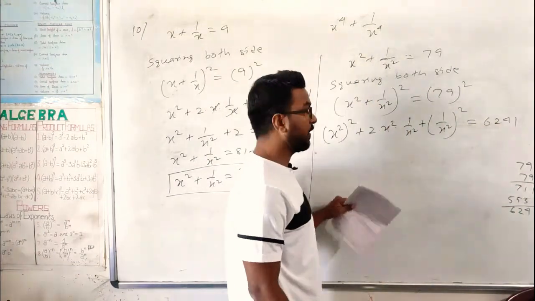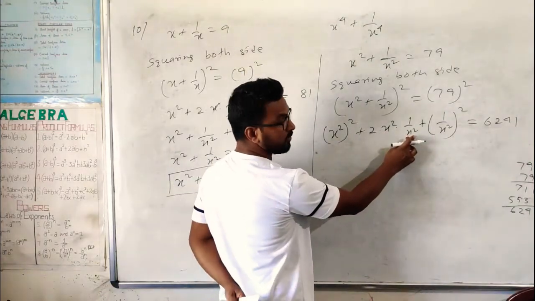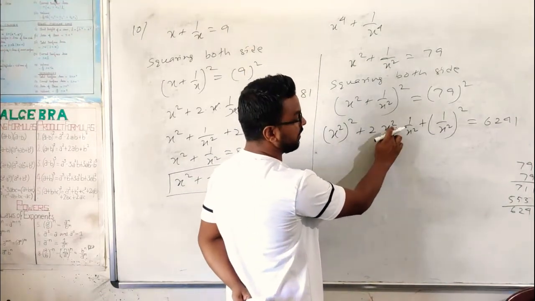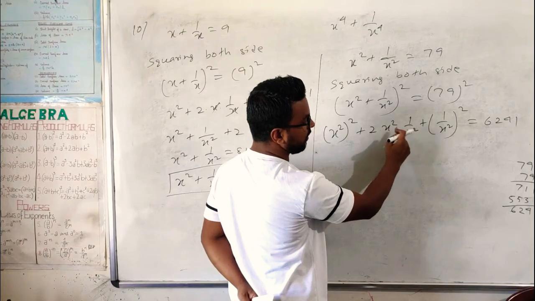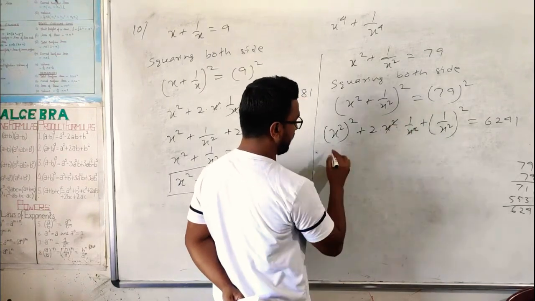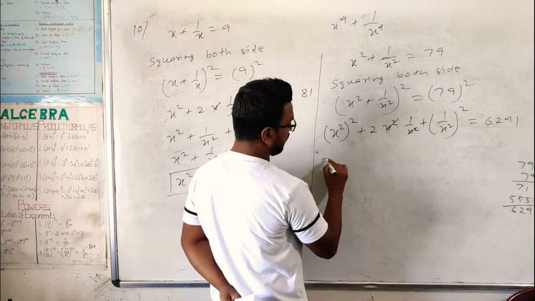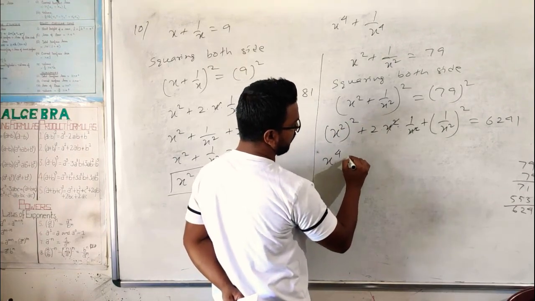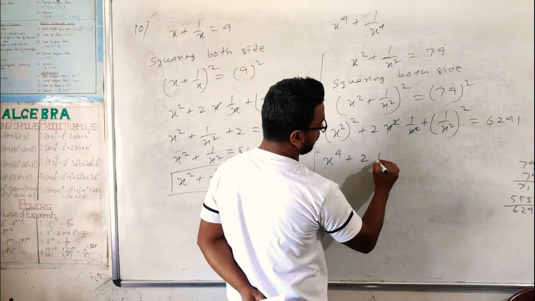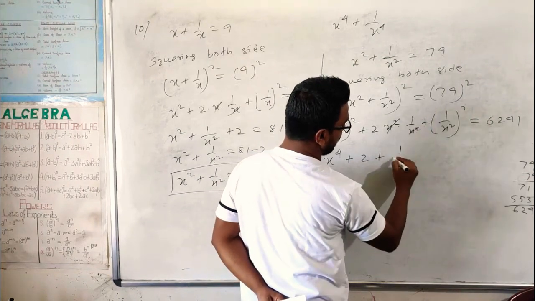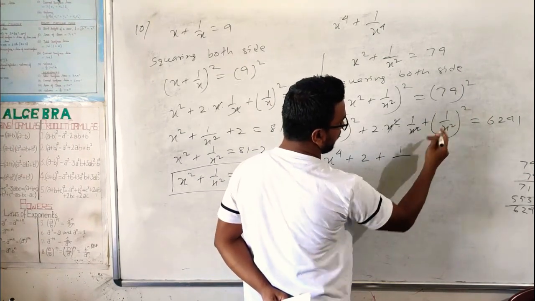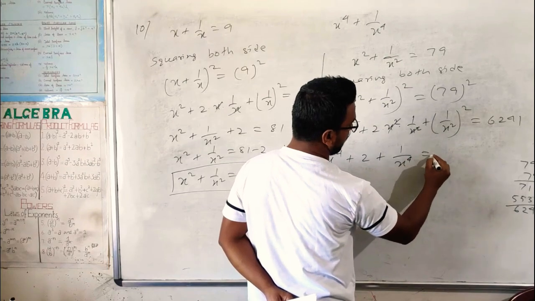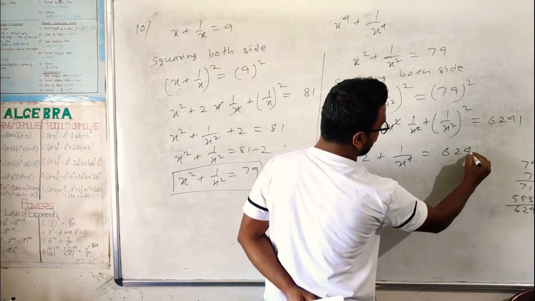Okay, now here x square and x square we can cancel because this is in the numerator and this is in the numerator and both are multiplying, so we can cancel it. So we'll get x to the power, we multiply, 2 2s are 4, plus 2 plus square of 1 is 1 and square of x square is x to the power 4, equals 6241.